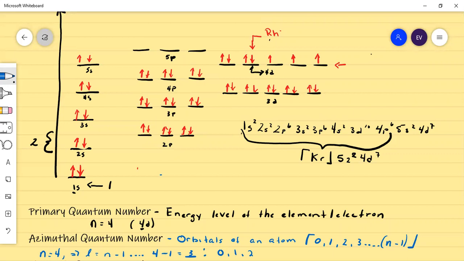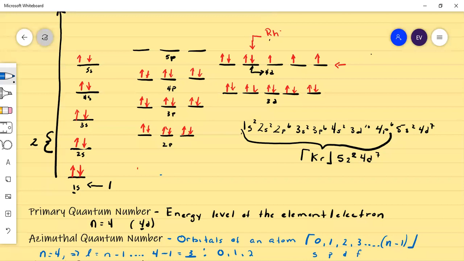So in this case, it can be any one of these values. Now, each one of these values represents an orbital, okay? 0 represents s orbital. 1 represents p orbital. 2 represents d orbital. And 3 represents the f orbital. Each one of these numbers corresponds directly to an orbital.